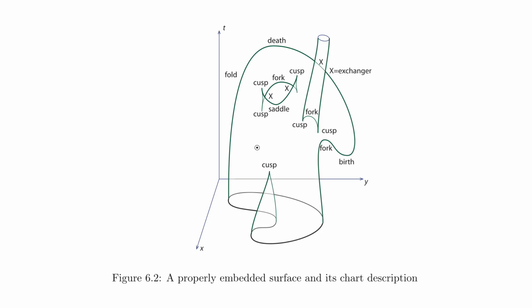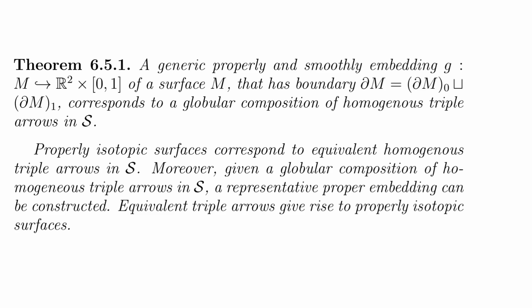We have exchangers expressed, we have forks, cusps, births, etc. And the theorem, which is a classical theorem, is that a generic, properly and smoothly embedded surface in R2 times I, where the boundary can be decomposed into a positive and negative piece, corresponds to a globular composition of homogeneous triple arrows in this multi-category that we've described, and properly isotopic surfaces correspond to equivalent homogeneous triple arrows.